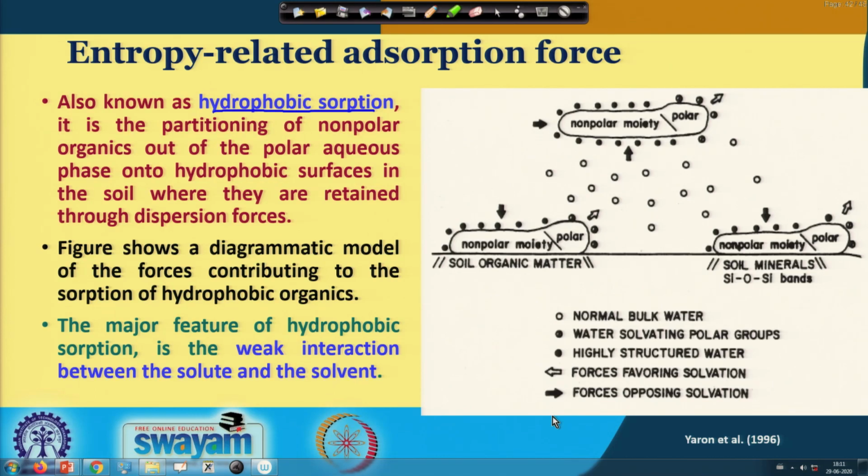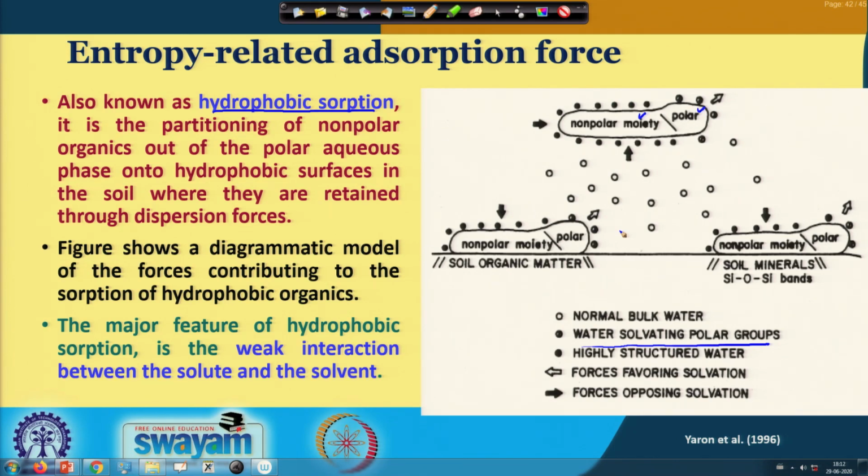So, here you can see, for example, this is a nonpolar organic pollutant, and this is the polar aqueous phase. Okay. These small black dots are basically water solvating polar groups, and these are also highly structured water.